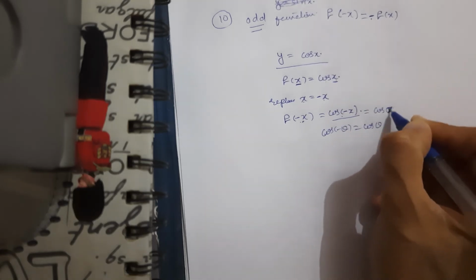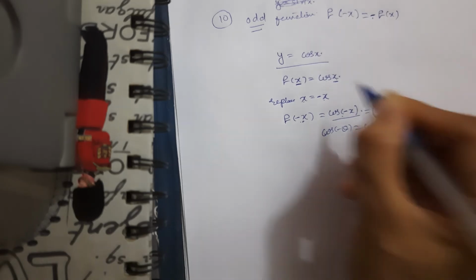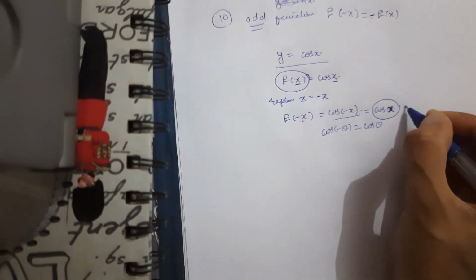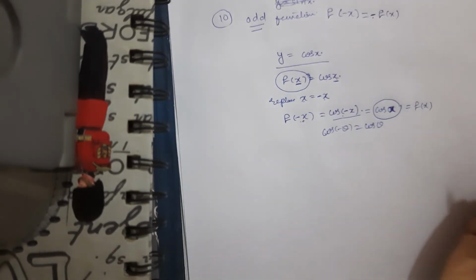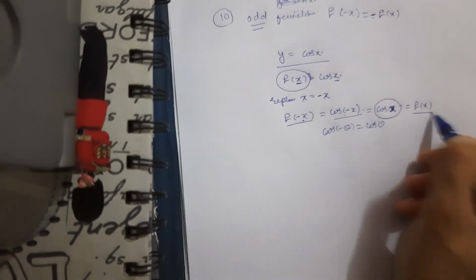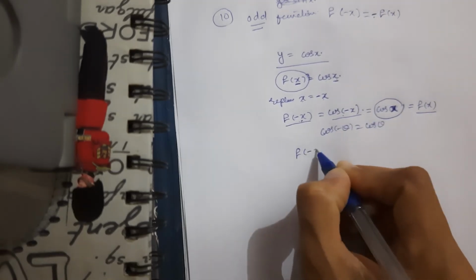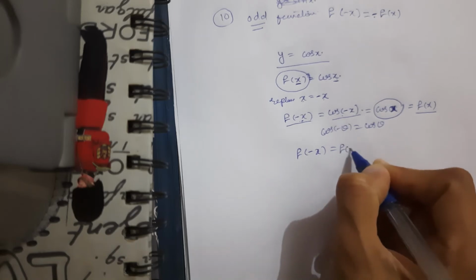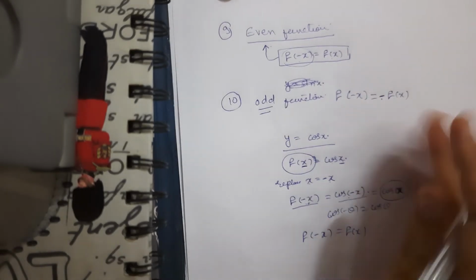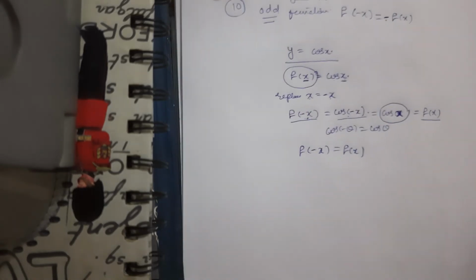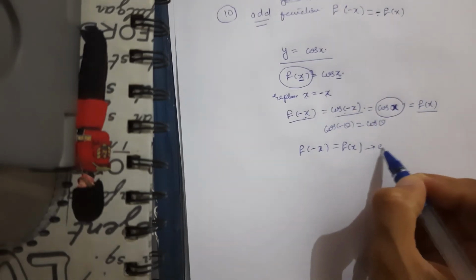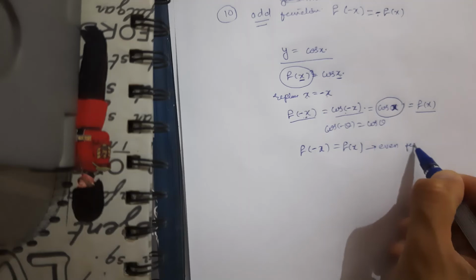Cos x again. And this cos x is nothing but f of x. So what condition did I satisfy? My function satisfies f of minus x equals f of x, and this is the condition for an even function. So y equals cos x turns out to be an even function.